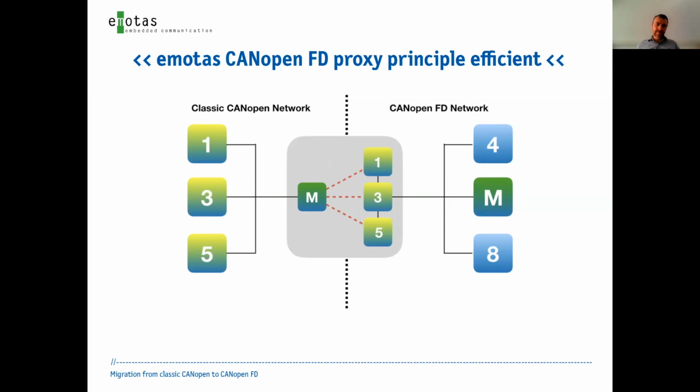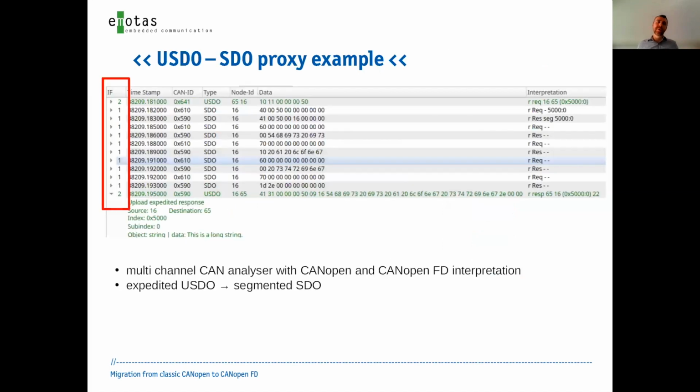Let's have a look at how the communication works, or how the CANopen FD and classical CANopen services are translated, so to say. This is a screenshot of one of our tools. It's a CAN analyzer which supports multiple CAN interfaces and multiple protocols.